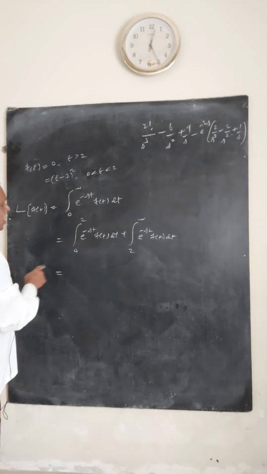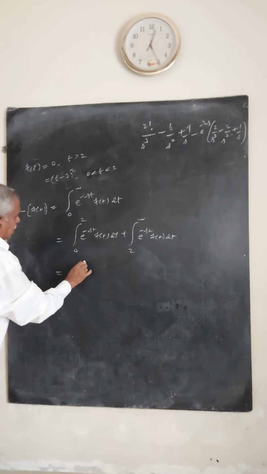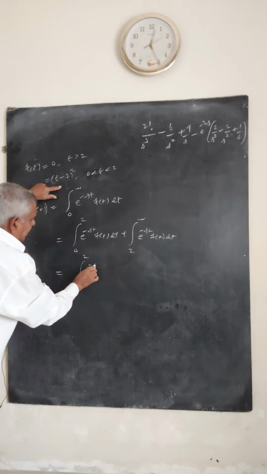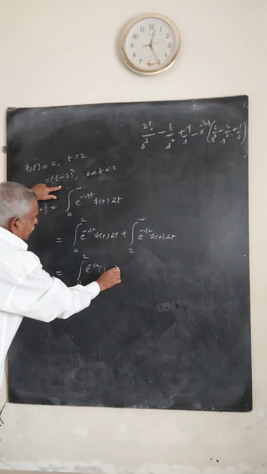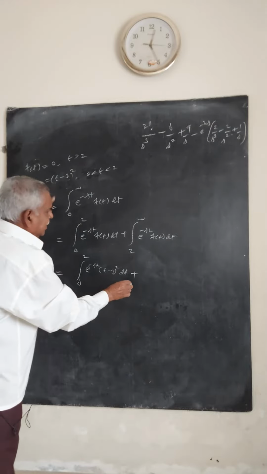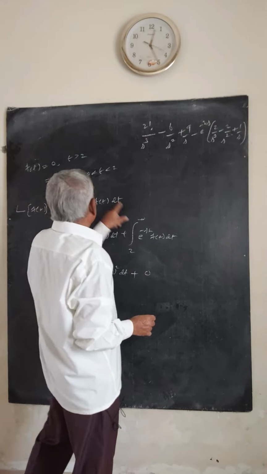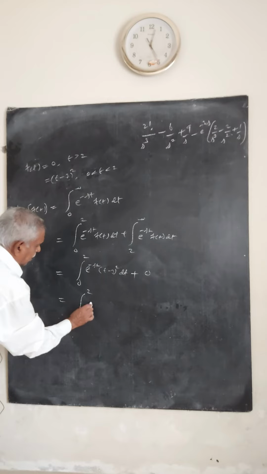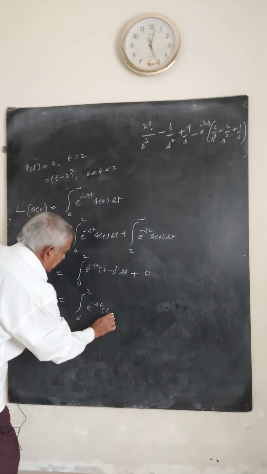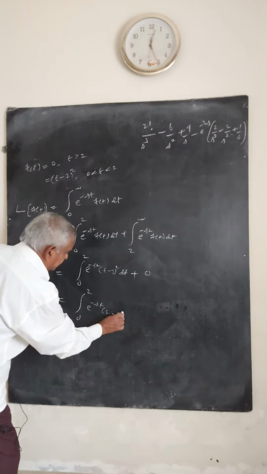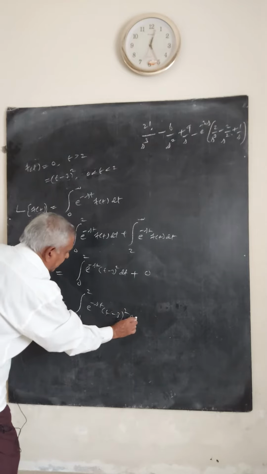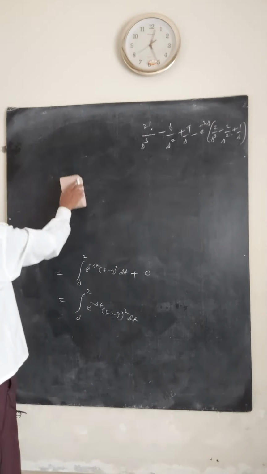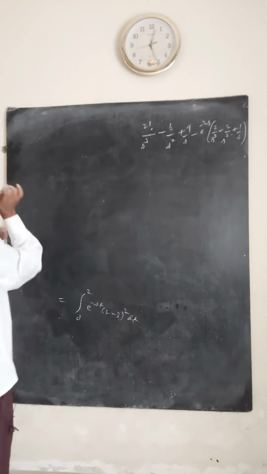In 0 to 2, f of t is (t minus 3) whole square, so we get the integral of e power minus st (t minus 3) whole square dt, plus the second part, which is 0 since f is 0 from 2 to infinity. Let us integrate this. By normal integration, you will get the same answer.